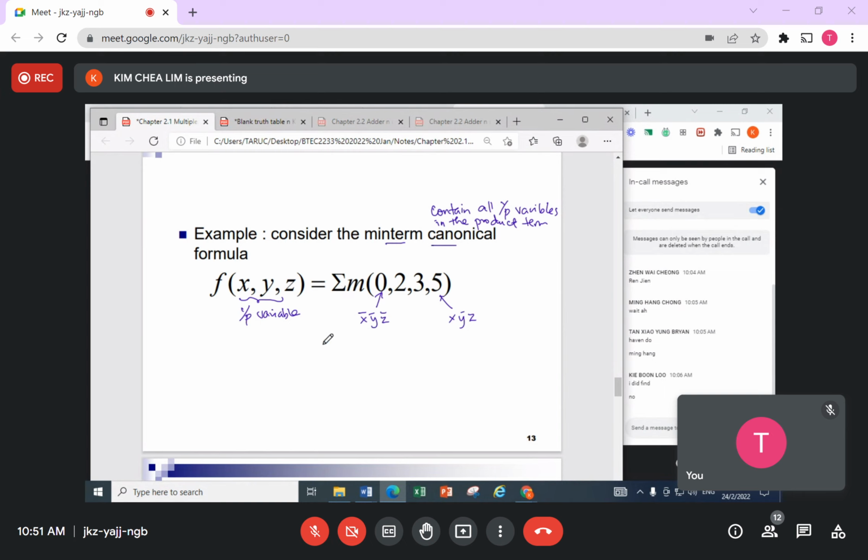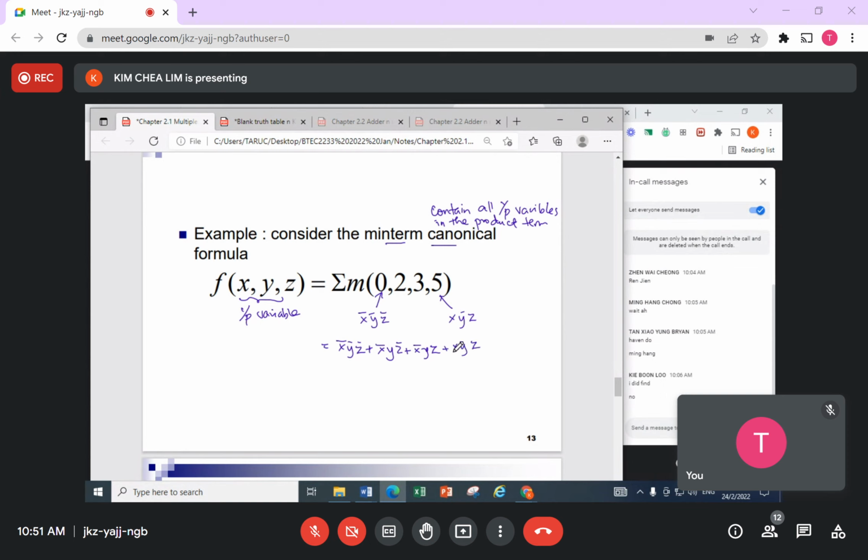Looking at these formulas here, my F, instead of writing it in this form, you can also write it in this form: summation, you sum them together. This one is 2, right? This one here is 3, and the last one here is 5.